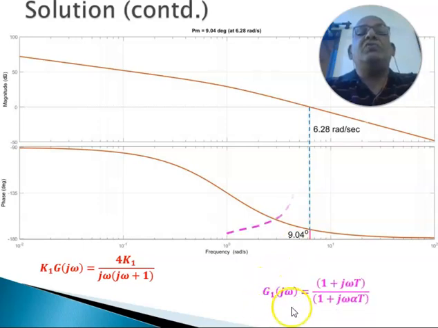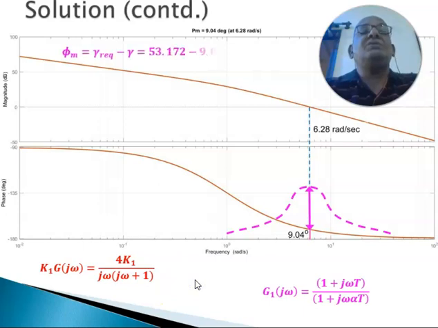So we want to use a compensator of this form. We know that if we use this lead compensator with a value of alpha less than 1, you see that the compensator has a peak here. So it offers additional phase. And what is that additional phase? Additional phase is gamma required minus gamma existing.